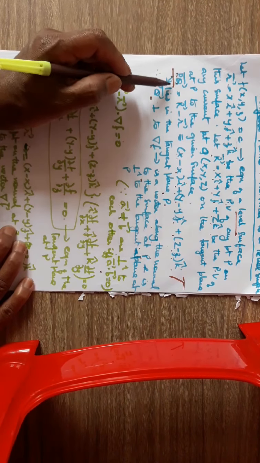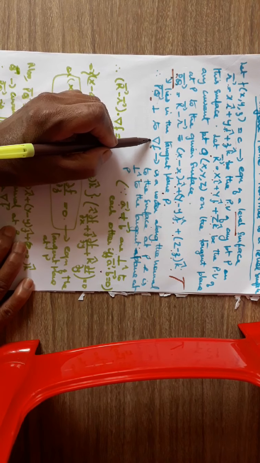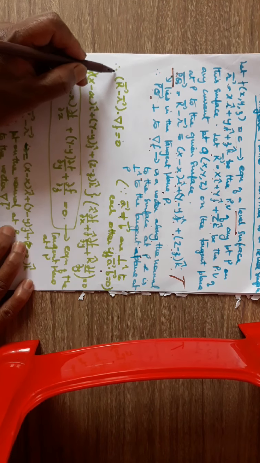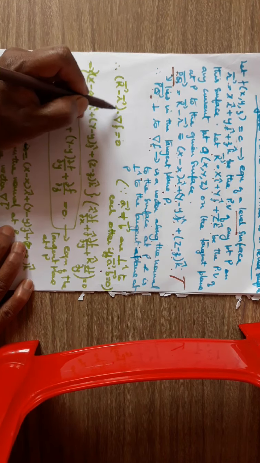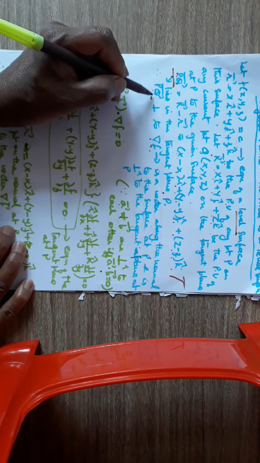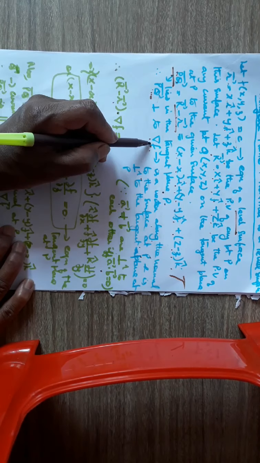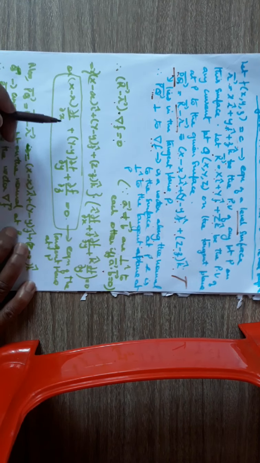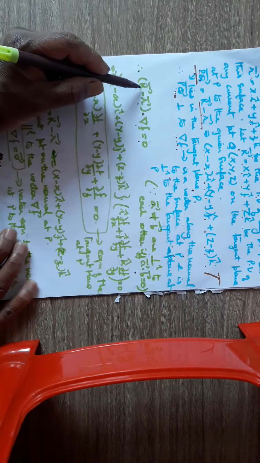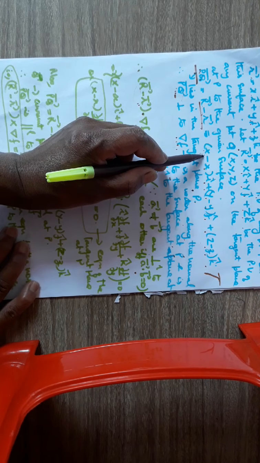So since PQ bar is perpendicular to del f, we must have the scalar product of these two vectors. What is PQ bar? It is nothing but (R bar - r bar) dot del f equal to 0.